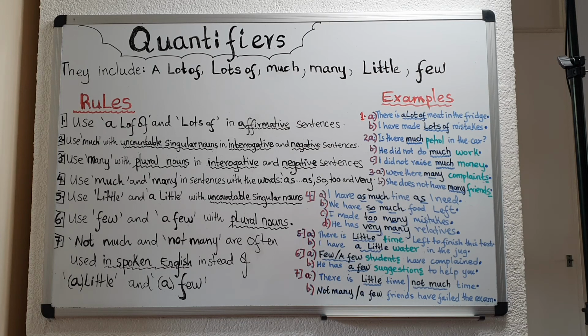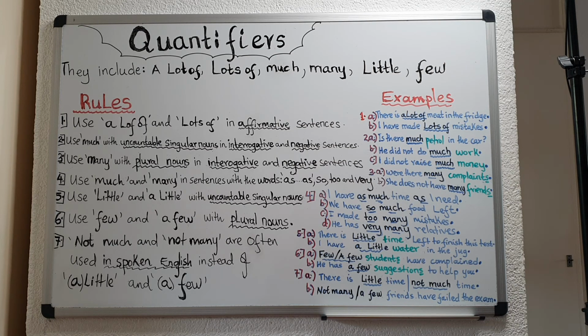Now, let's move on to the last rule. Not much and not many are often used in spoken English instead of a little and a few. Now, very often when we are speaking in English, not in writing, but when we are speaking, that is spoken English, we tend to use not much and not many instead of using the quantifiers a little or a few or few.